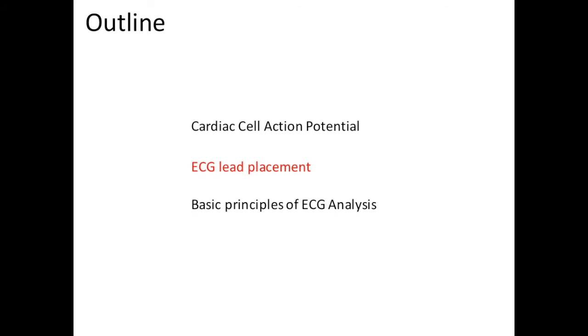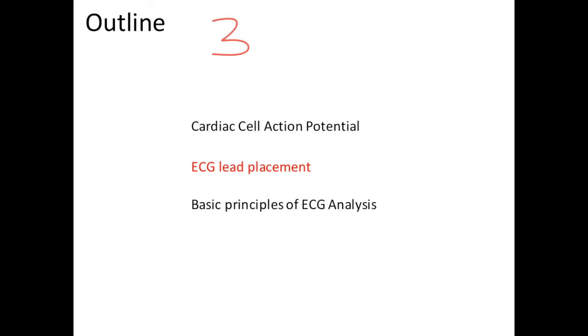Okay, I hope by this point you have an idea of what we mean by an ECG and what it corresponds to. So we're going to go into a little bit of detail of how we place ECG leads in a human, and how that helps us look at the electrical activity in the heart from different directions. When we think about ECG lead placement, we like to divide it into three different categories.